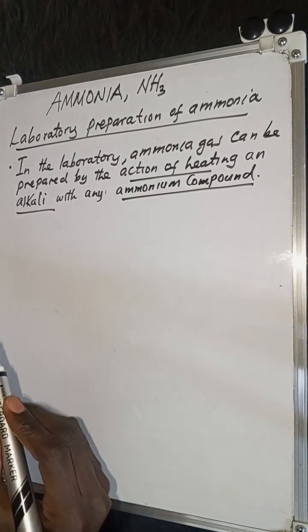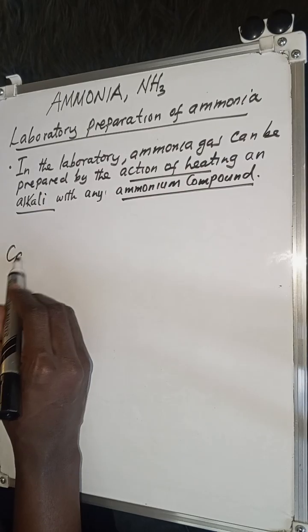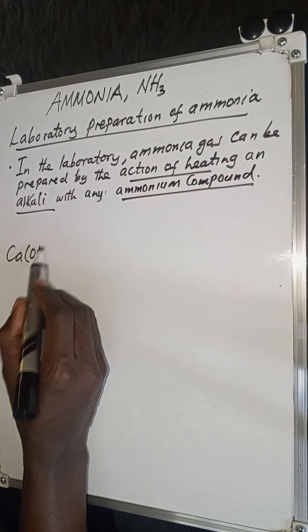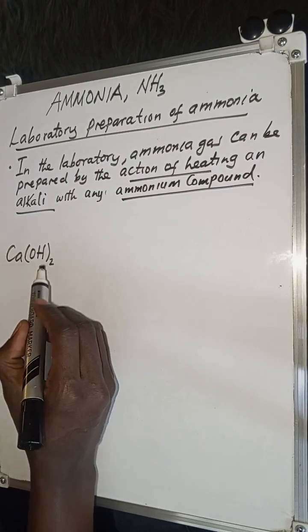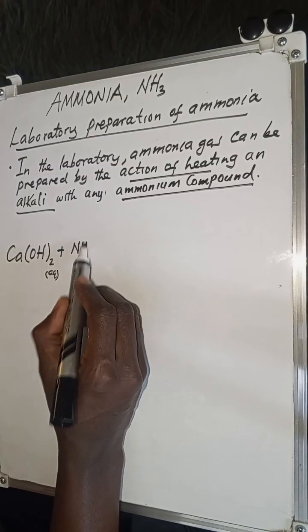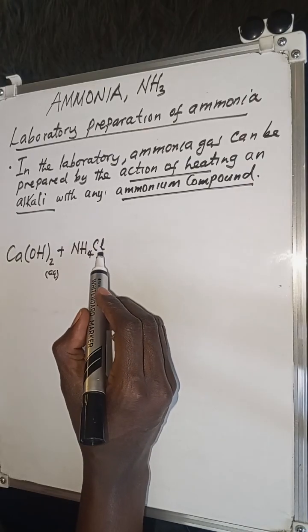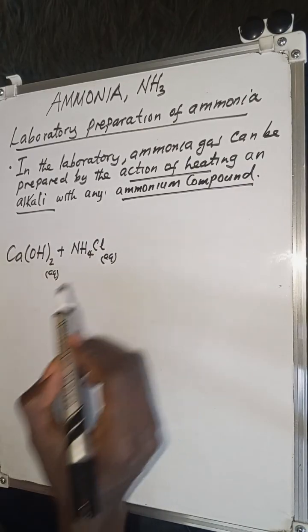that is going to produce ammonia in the laboratory. For example, you can react a base we are calling calcium hydroxide. This is in aqueous, reacting with what we are calling ammonium chloride, and this ammonium chloride is in aqueous.